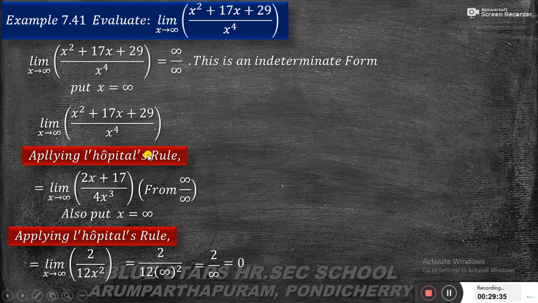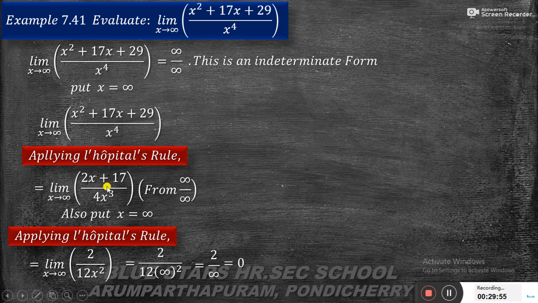L'Hopital's rule means differentiate the numerator and denominator. Now I differentiate the numerator: the derivative of x square is 2x, plus the derivative of 17x is 17, so 2x plus 17, divided by the derivative of x power 4, which is 4x cube.